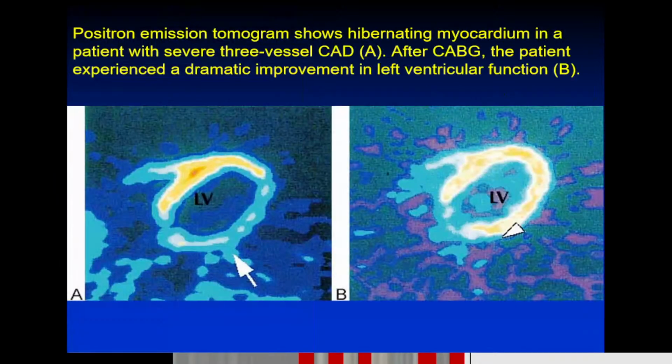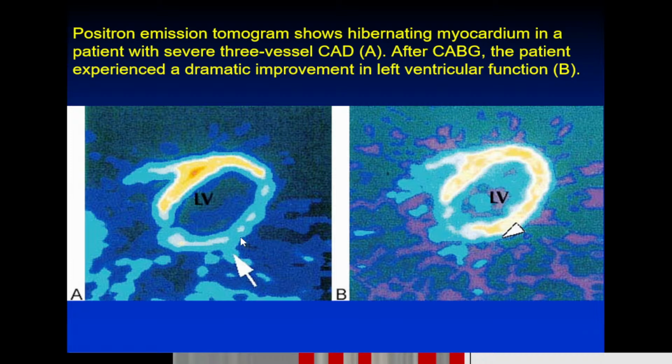And the next one you see here is positron emission tomography. It shows the hibernating myocardium in patients having severe three-vessel coronary artery disease. What does three-vessel mean?